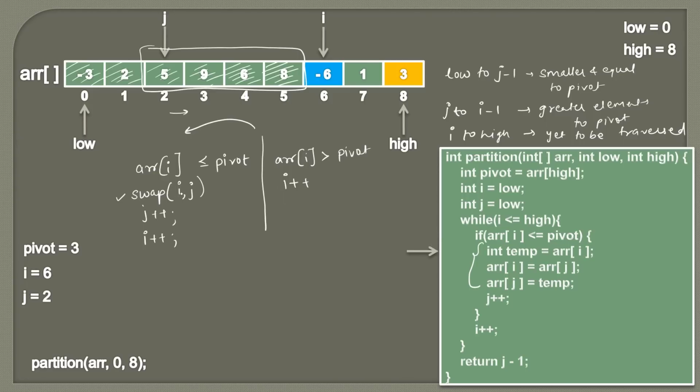First we perform swap between i and j so that this -6 comes in this range. And we simply shift one of the greater elements in this direction. So we'll perform this swap using a temp variable. So -6 came here and 5 came here.